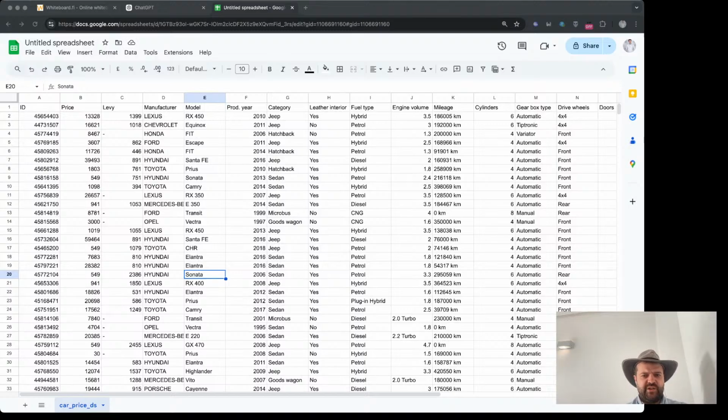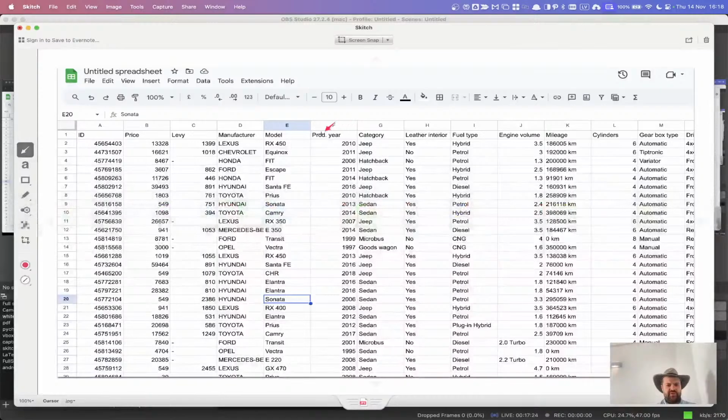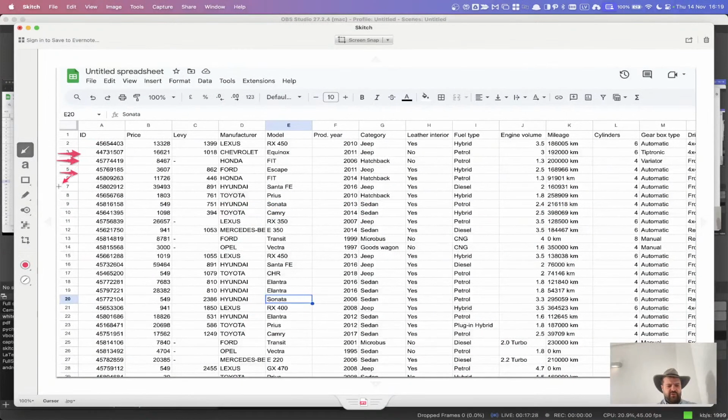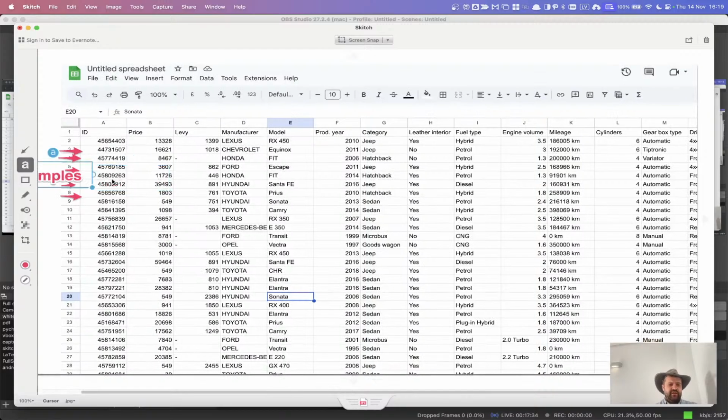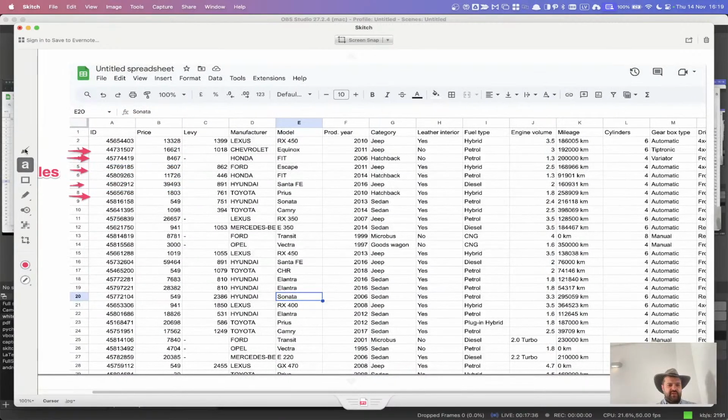Let me share the full screen here so you see my annotations. Here, each of the car samples themselves are called samples, and these columns are called features. These are the terms in data science, basically.